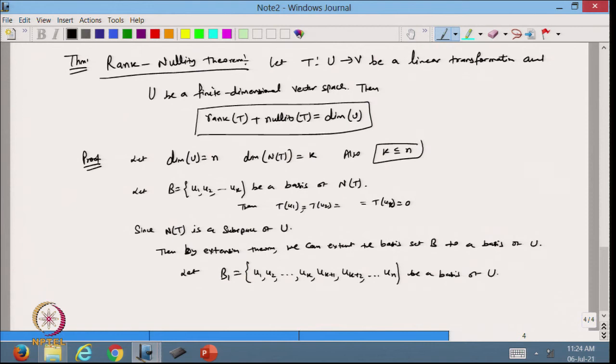So, this we have shown. Now, consider a set A. What is this set? I am taking T of uk plus 1, T of uk plus 2, up to T of un.